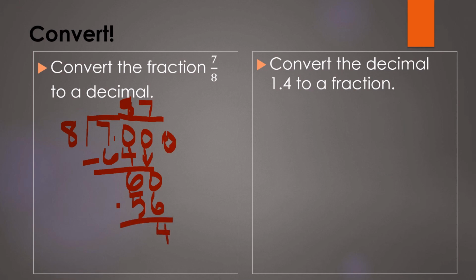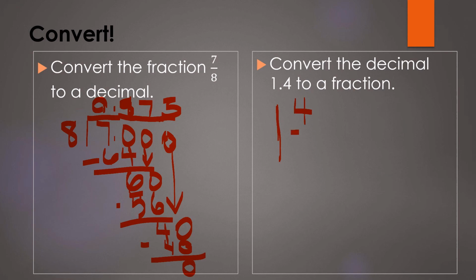Bring down another 0. 8 goes into 40 5 times. Multiply, we can subtract and we get 0. Bring up your decimal point. You can put a 0 there as well. So 7/8 equals 875 thousandths.